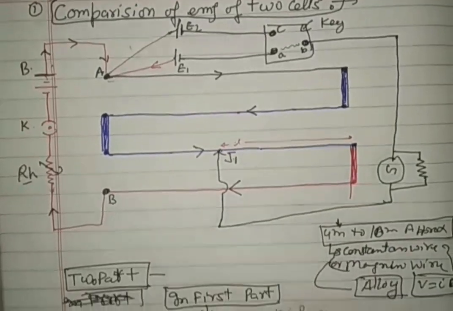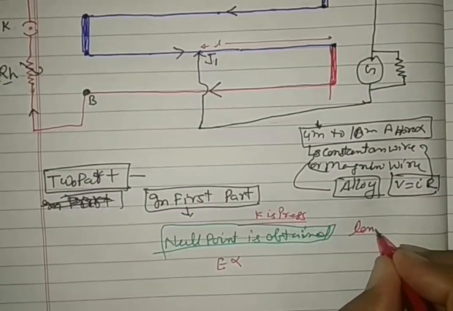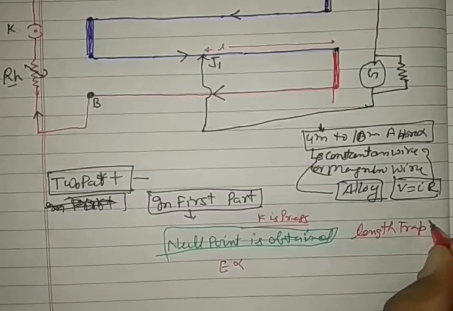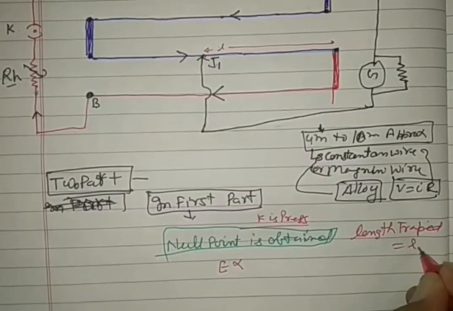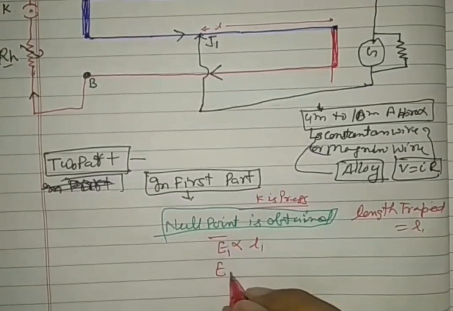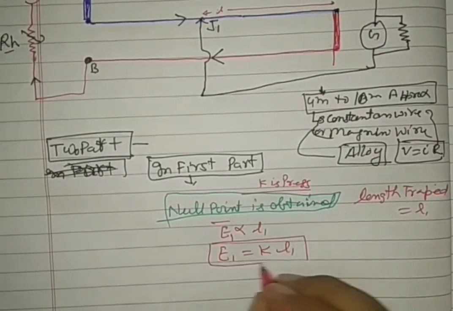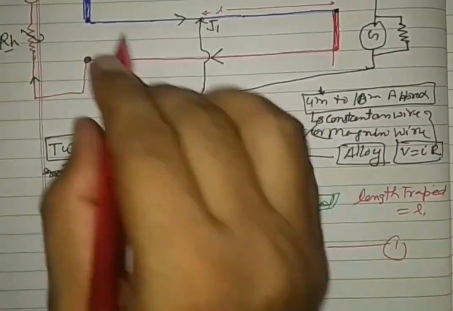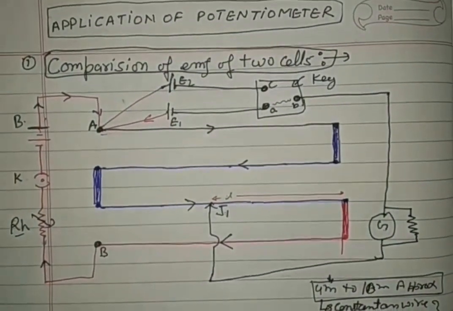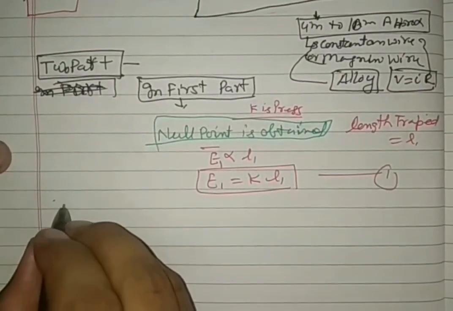So for the EMF of the first cell, suppose the length trapped is equal to L1, then EMF is directly proportional to L1, or E1 is equal to K L1, where K is the potential gradient in the wire due to battery V in the circuit. Now we are going to do the second part of the experiment.